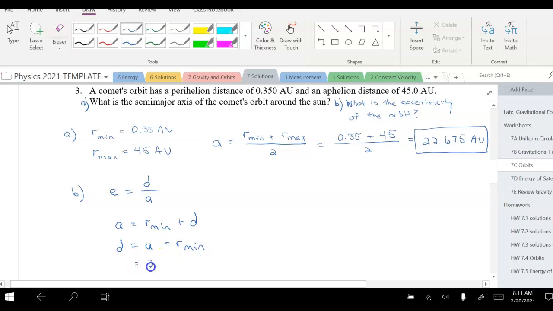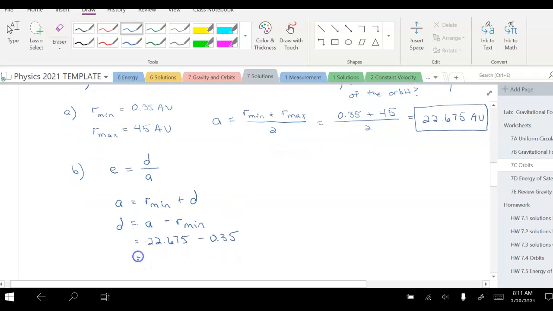And we found a, it's 22.675. They gave me r min, 0.35. So here the distance d is 22.325 AU. So now I'm in a position to find this eccentricity because I know d and I know the semi-major axis.